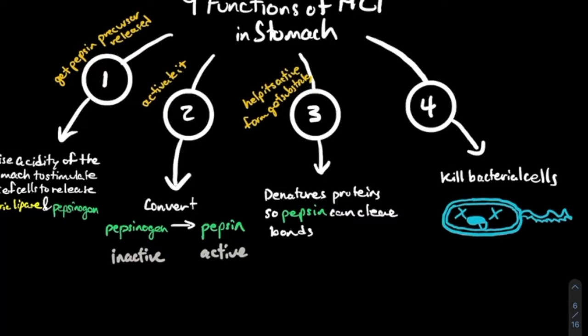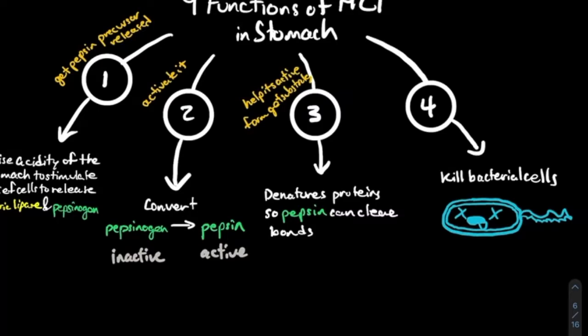They begin to denature. And that creates a bunch of active sites, potential targeting points for pepsin to attack. And so now, not only have we caused the pepsinogen to get released, that inactive zymogen, and not only have we then activated it, but now we've created sites where it can attack. And so all three of these functions are focused on pepsinogen alone.